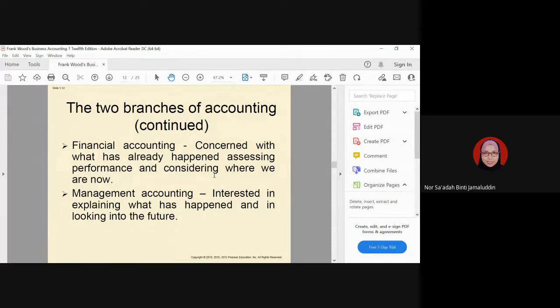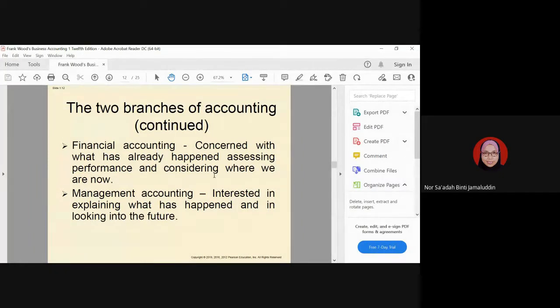So from the financial statement, the task of management accounting is to state what the future planning is, based on the financial statement prepared by the accountant.